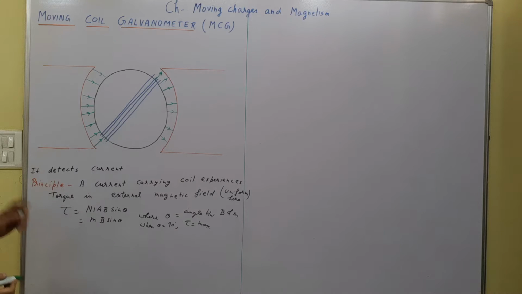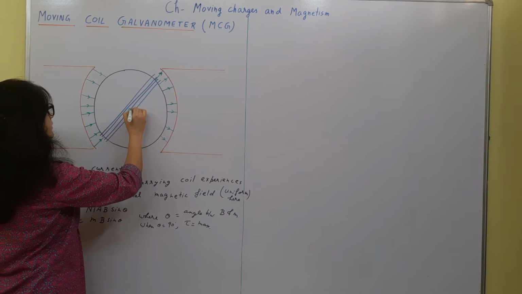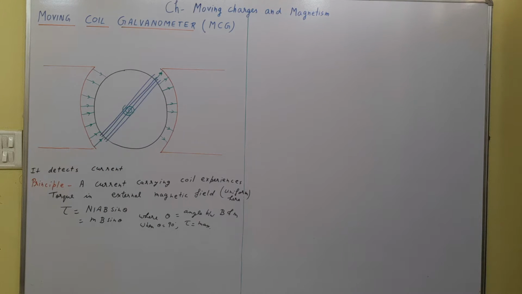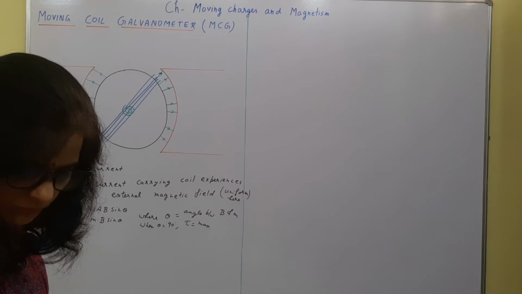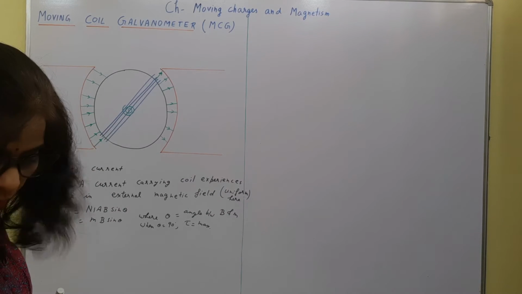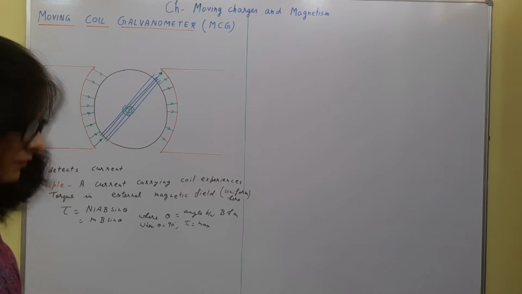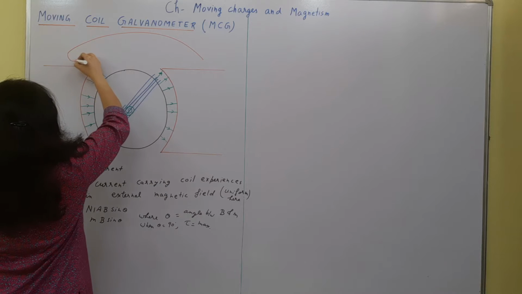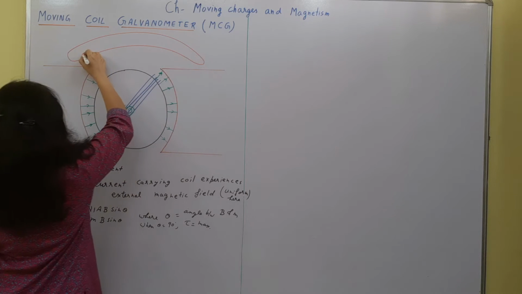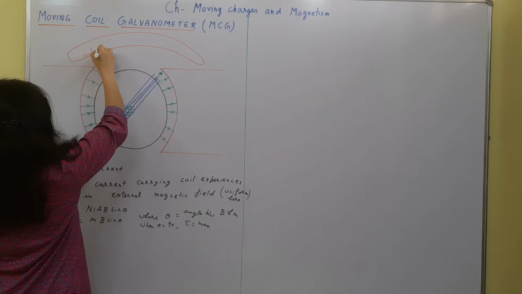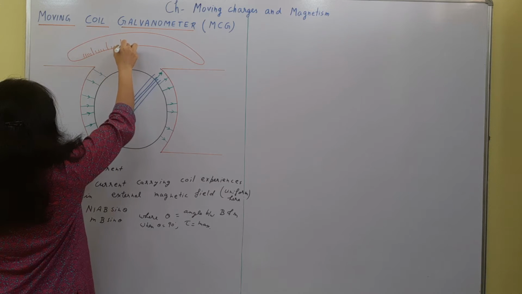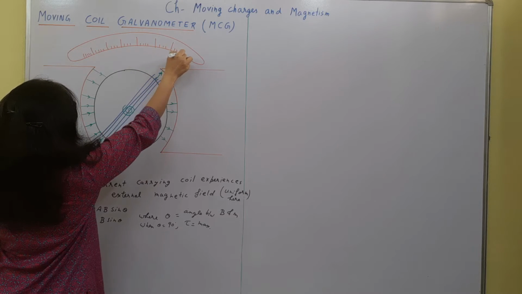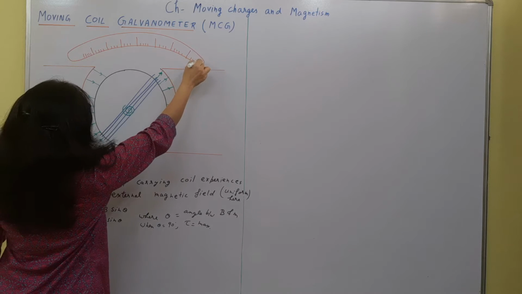Right? Now here this is attached with a spring which is connected to a pointer, which will point on a scale which will give us the current in the circuit.